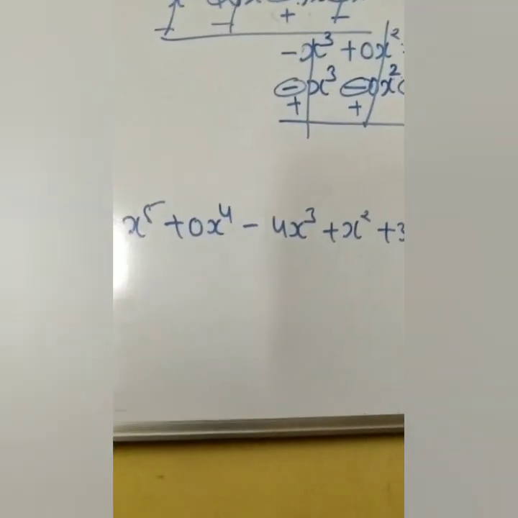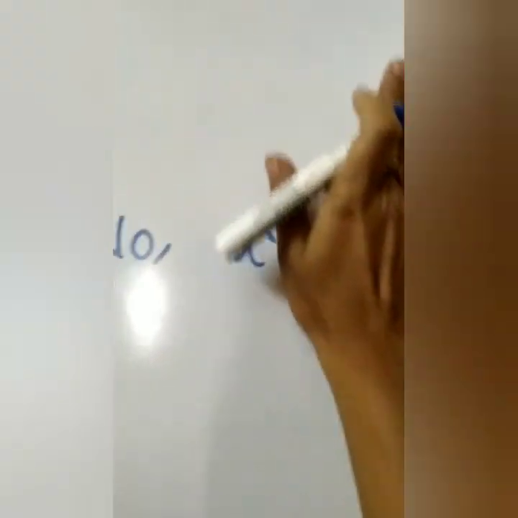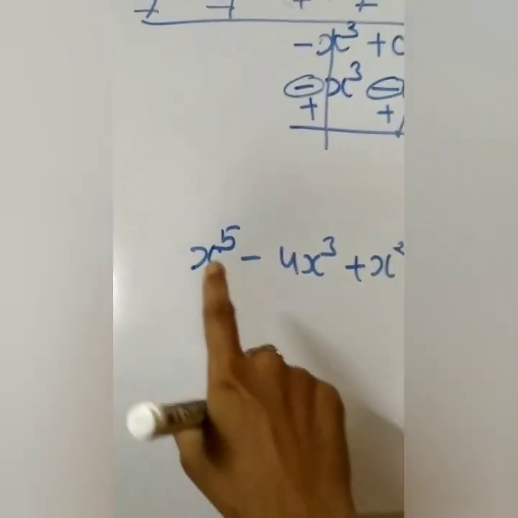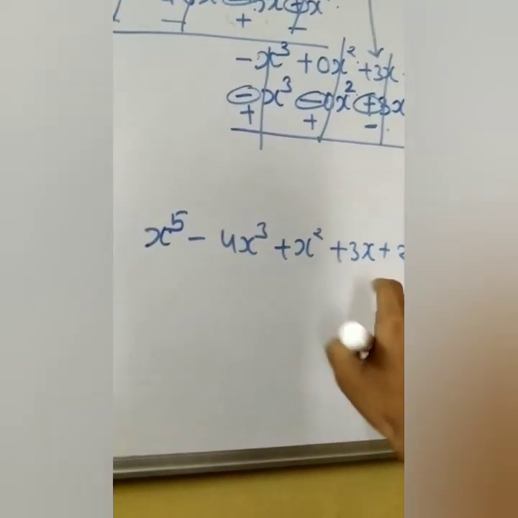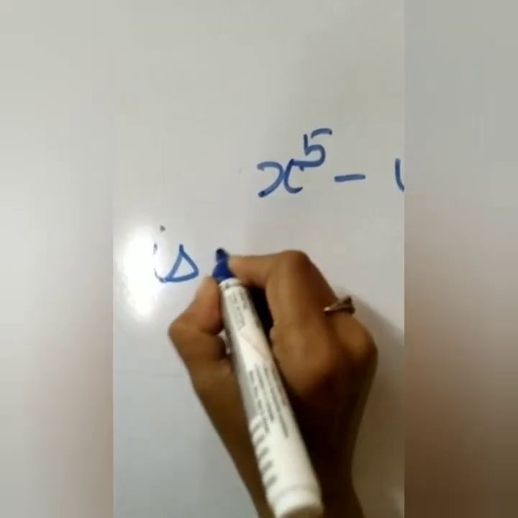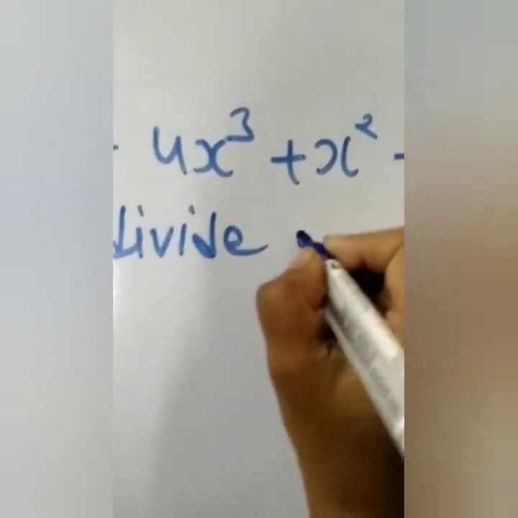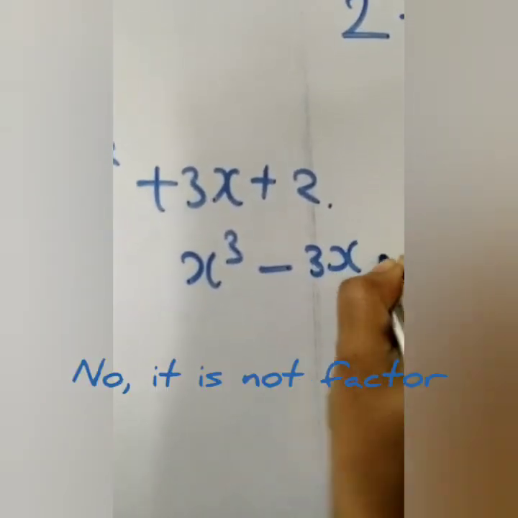If you skip this plus 0x raised to 4, which is not given in the question, that is also okay. So you can directly write our same question, that x raised to 5 minus 4x cube plus 0x square plus 3x plus 2 is not divisible by x cube minus 3x plus 1.